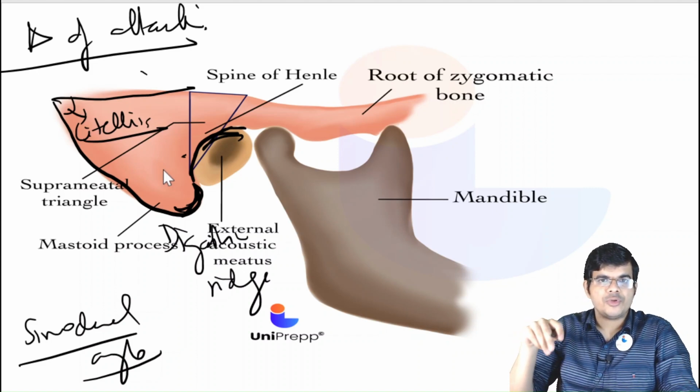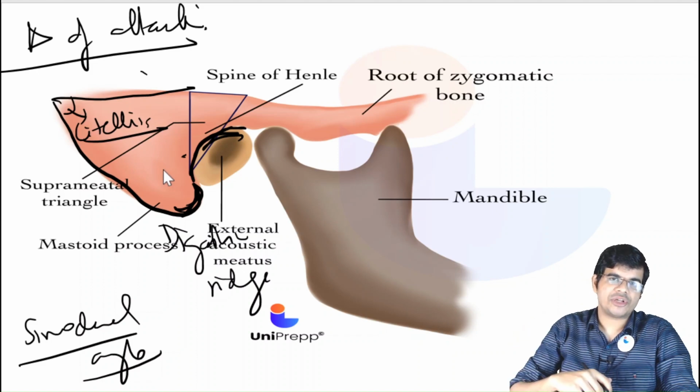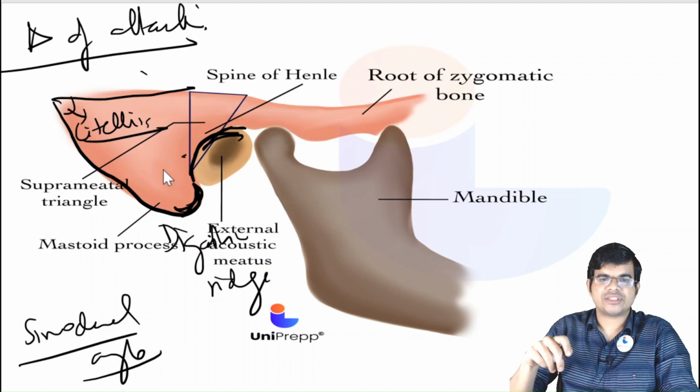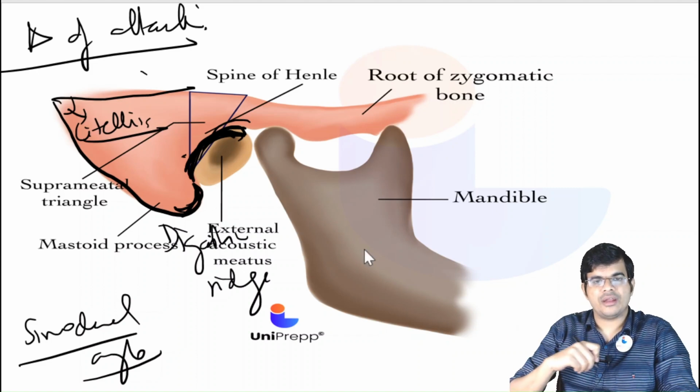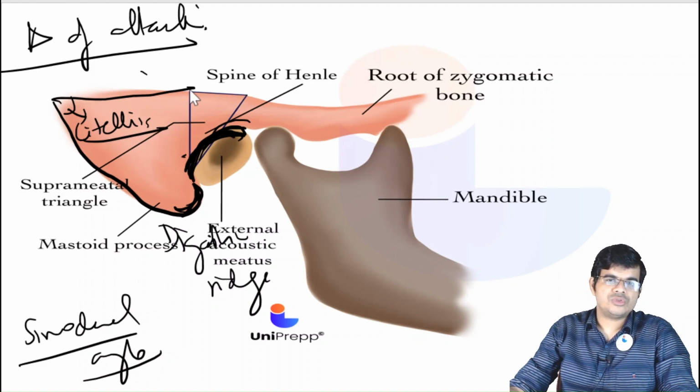While drilling, you have to access the mastoid antrum first. For reaching the mastoid antrum, you have to go through the McEwen's triangle or the suprameatal triangle, and this McEwen's triangle is bounded anteriorly by the posterior superior wall of the external auditory canal. Superiorly you have the temporal line.